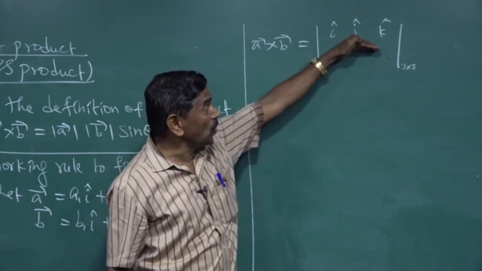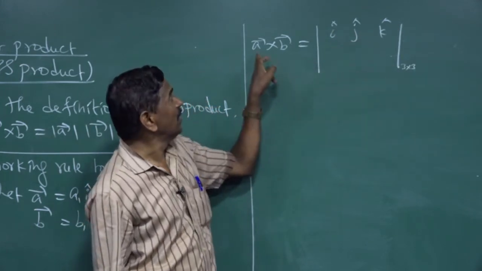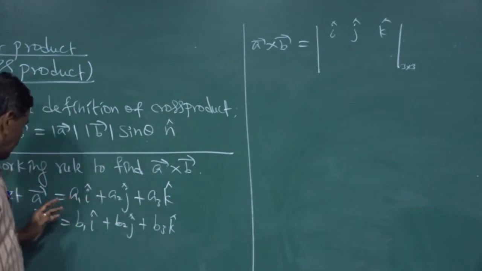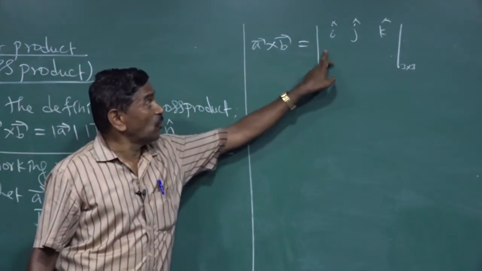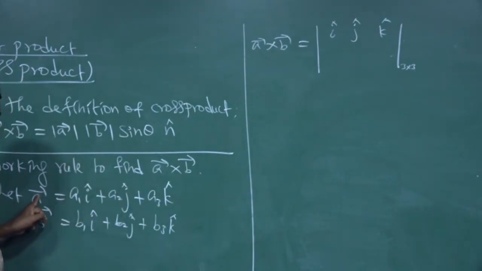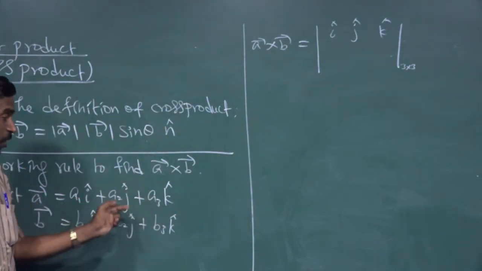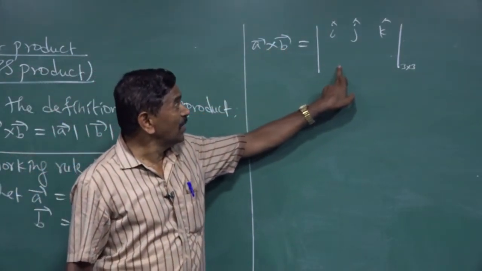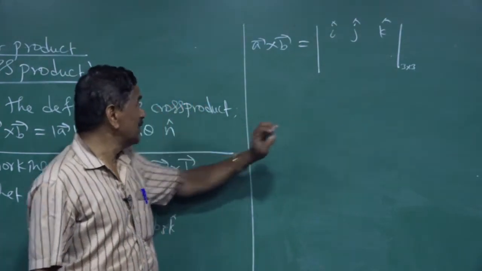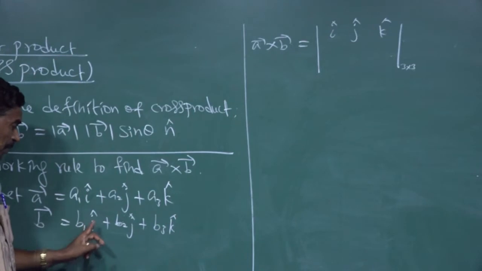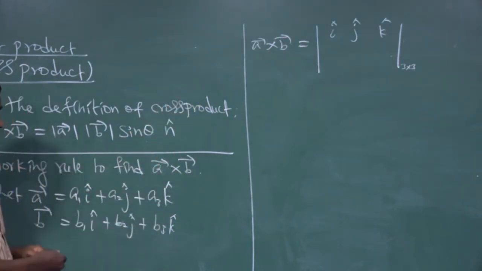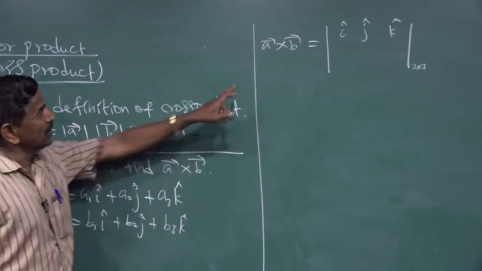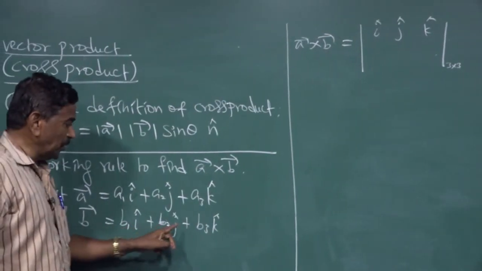And how to write the second row and the third row? Listen, here first is A vector, therefore the second row is A vector coefficients, A1, A2, A3, the i, j, k coefficients. Second is B vector, so B vector coefficients B1, B2, B3 form the third row.